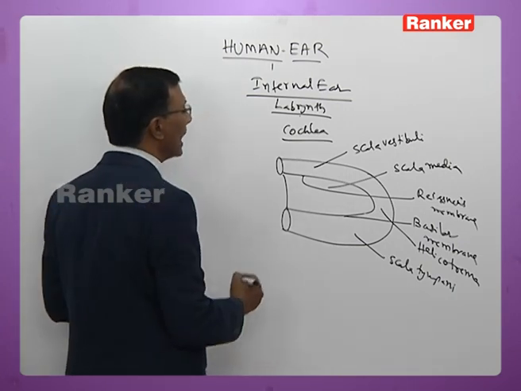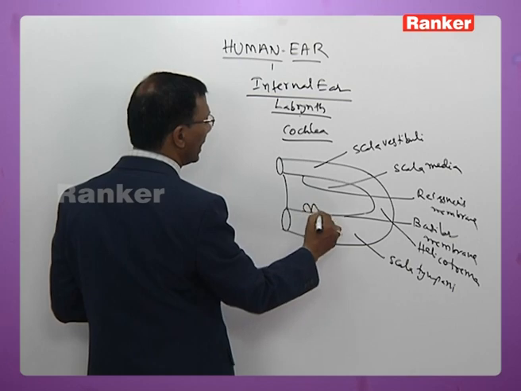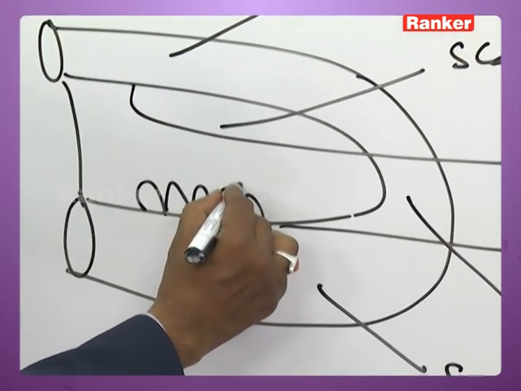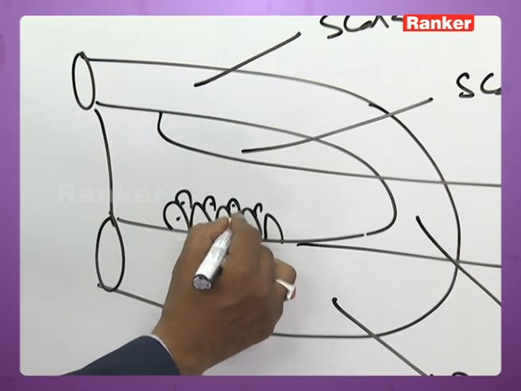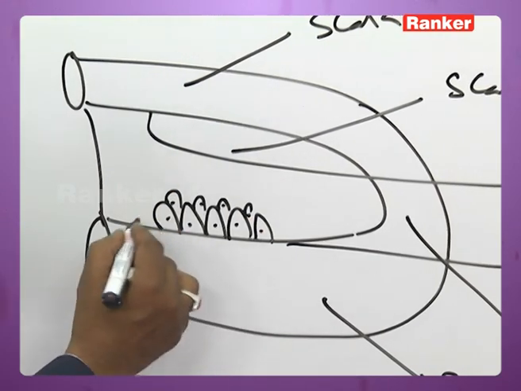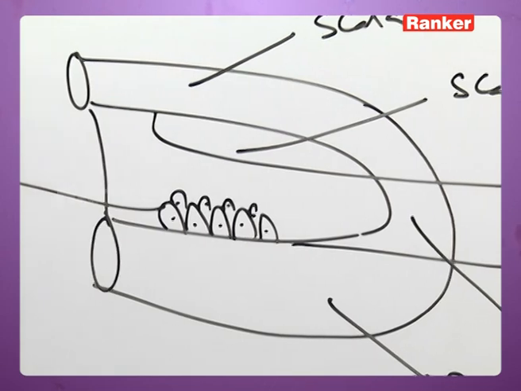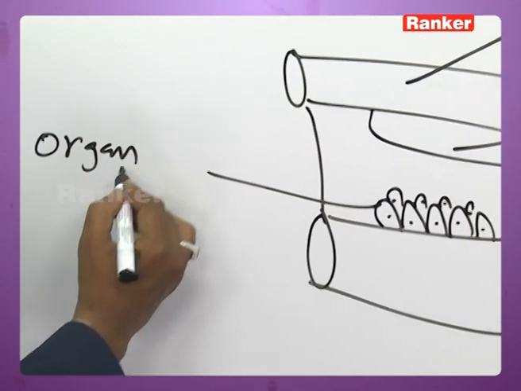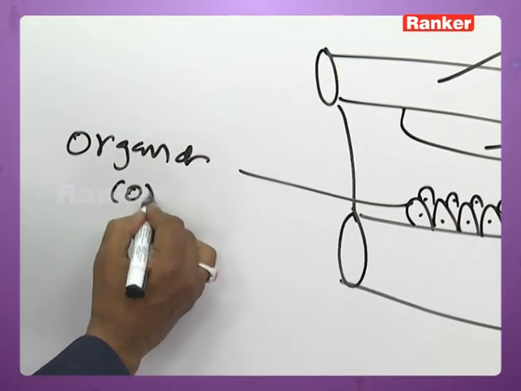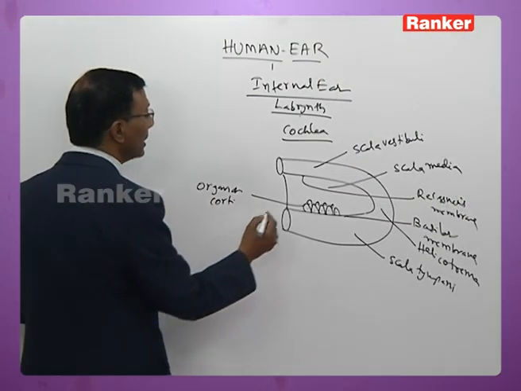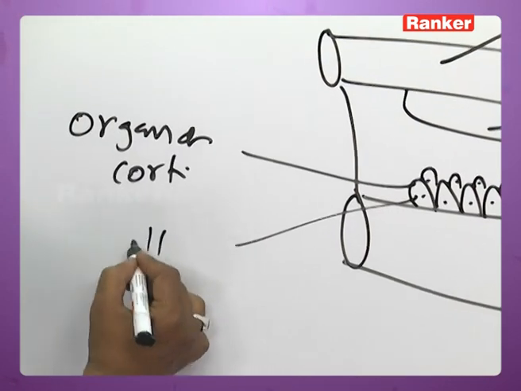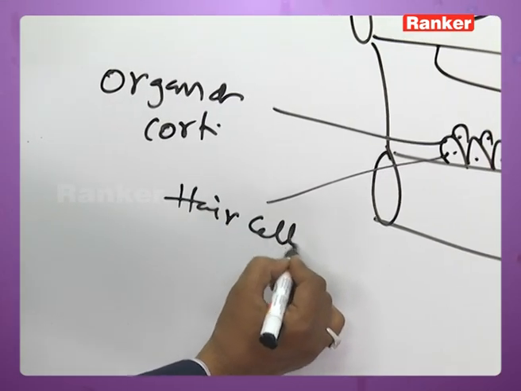Now within the scala media, the organ of hearing called organ of Corti is present. Now this organ of Corti has got hair cells, the sensory cells called hair cells.